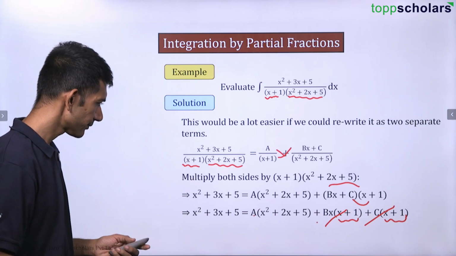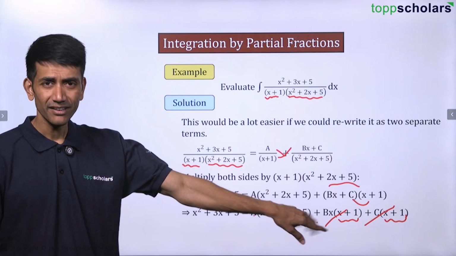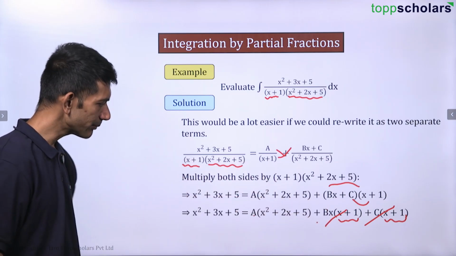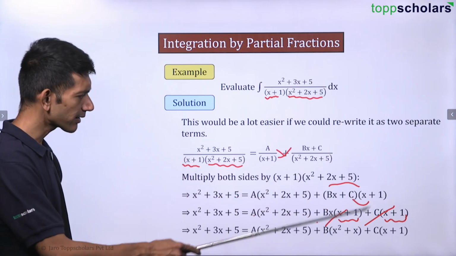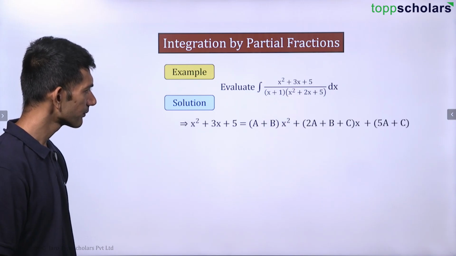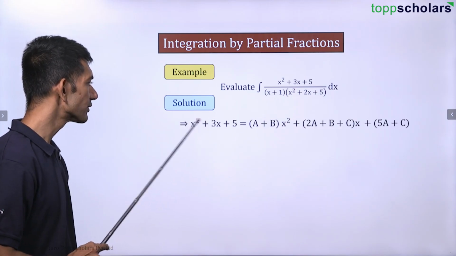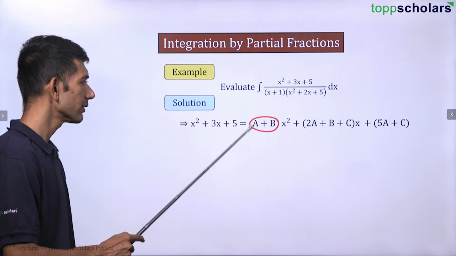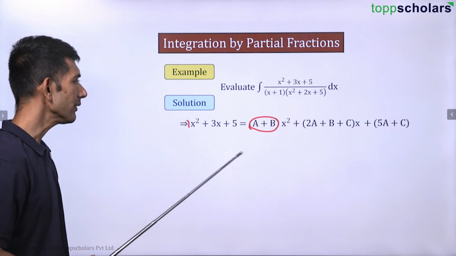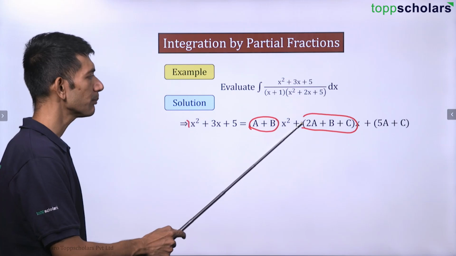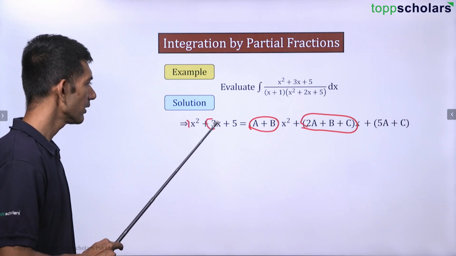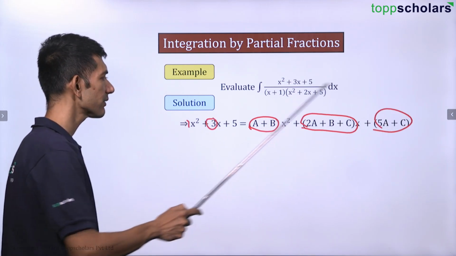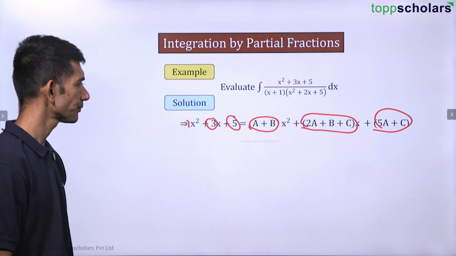Second way is, which I mentioned, put x as minus 1. Second way is you keep on multiplying the brackets inside. Doesn't matter, keep on multiplying further. And then compare the coefficients. So this a plus b is 1, 2a plus b plus c is 3, and 5a plus c is 5.